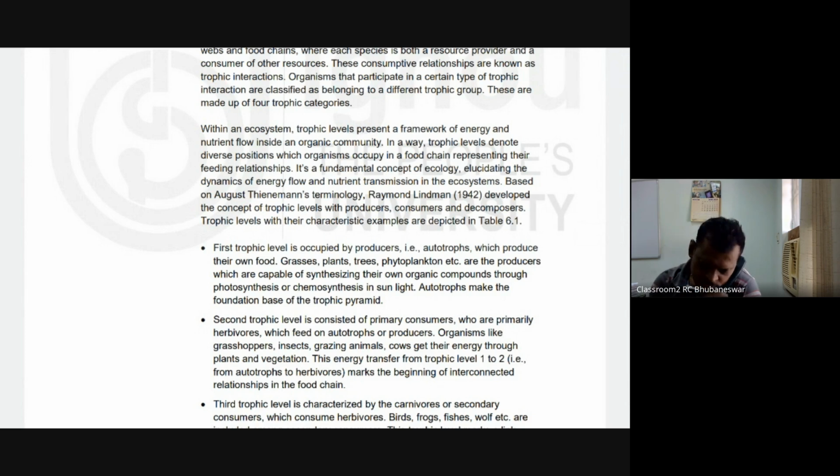The first trophic level is occupied by the producers: the plant communities, the phytoplankton, the grasses, the trees. All these are included under the producers in the first trophic level. They are also known as autotrophs.